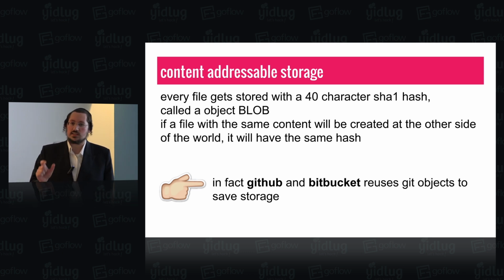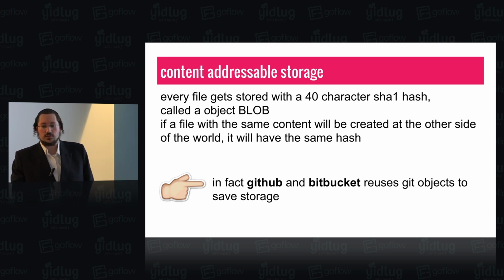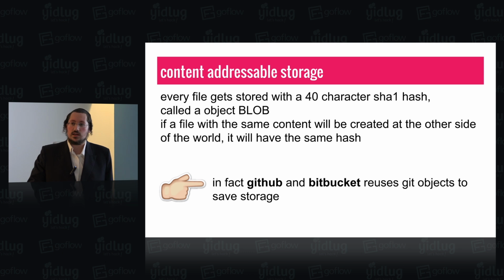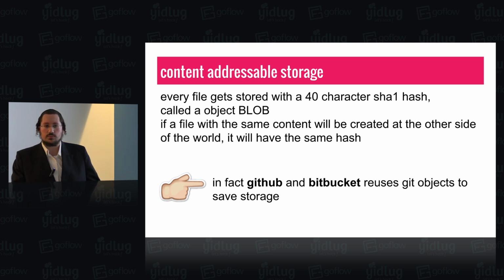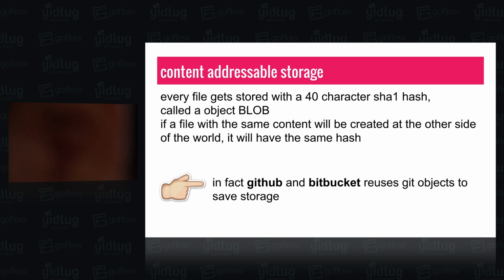Bitbucket has the same blob with a hash created once by one project, and they will reuse the same object for another project. It's very convenient for them because they don't need such big file systems to store everything. It's also very, very fast, because if you're on GitHub and you fork a repository, the fork takes a second.